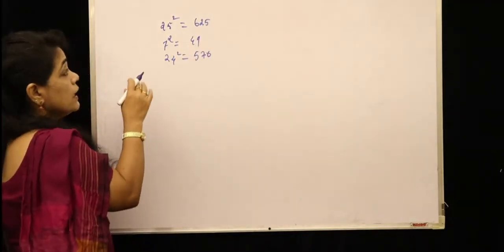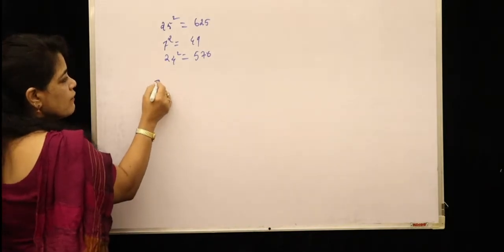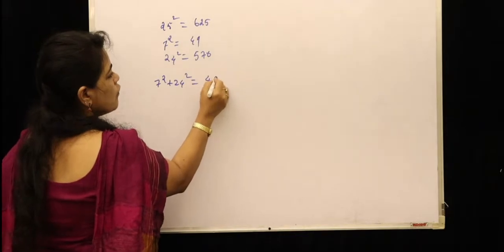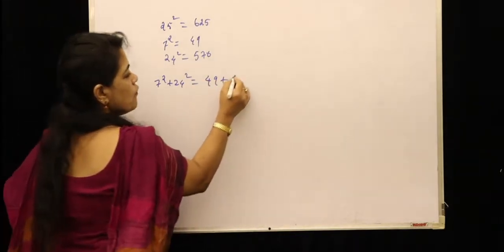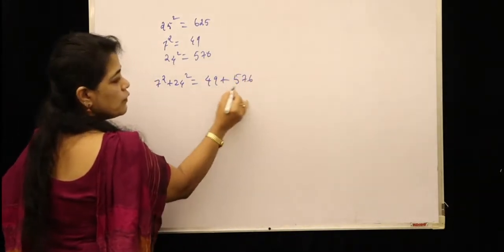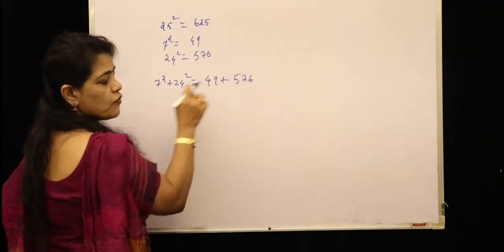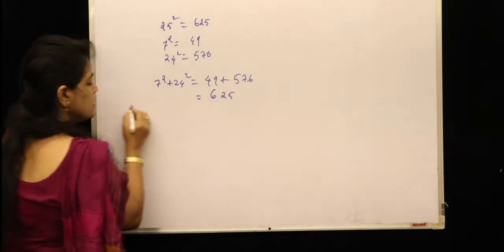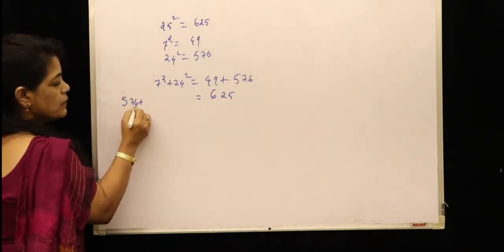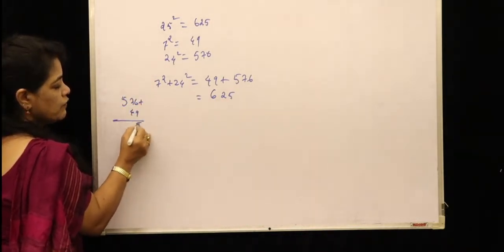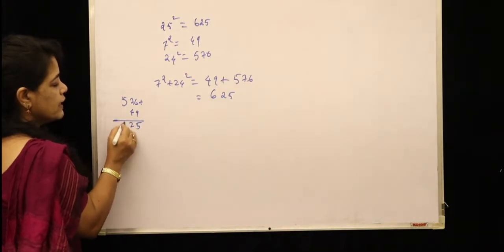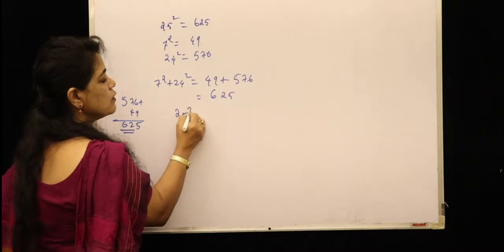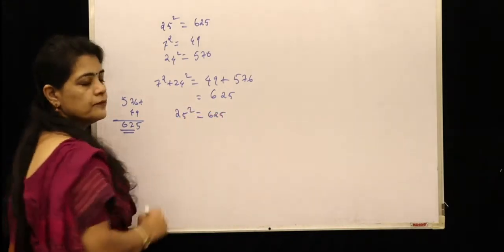That means we have to show that 7 square plus 24 square equals 49 plus 576. If you add 49 and 576, you can see that this will form 625. See children, 576 plus 49: 15, 1 carries, 11, 12, 1 carries, 625. And 25 square is also 625.